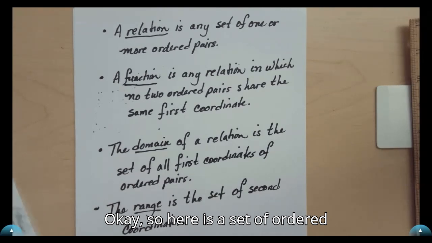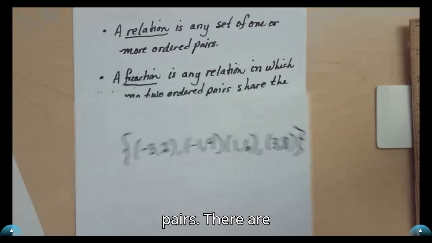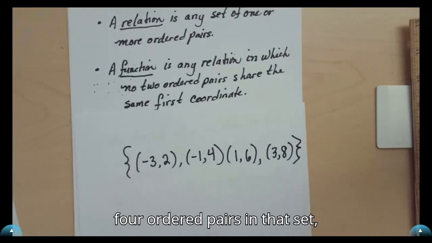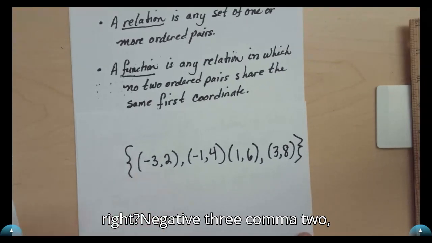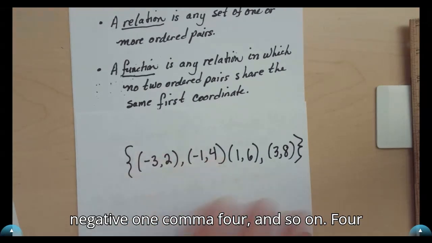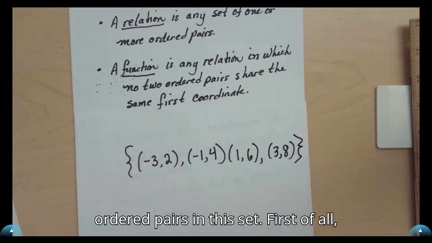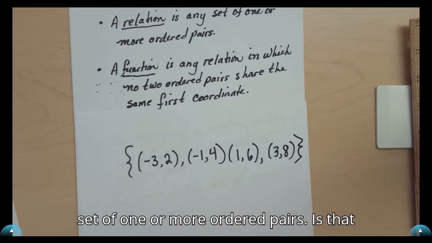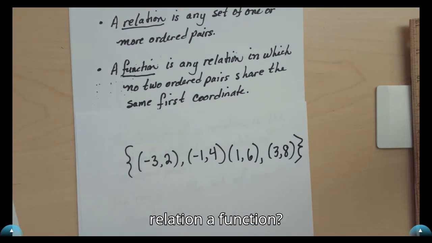Okay, so here is a set of ordered pairs. There are 4 ordered pairs in that set, right? -3, 2, -1, 4, and so on. First of all, we know it's a relation because it's a set of one or more ordered pairs. Is that relation a function?